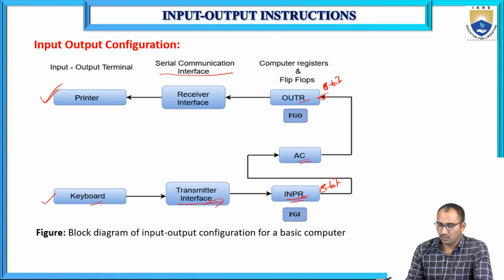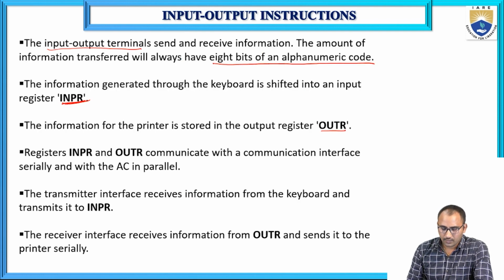Whatever information we wish to pass to the printer is stored in the output register, and from the output register the data is given to the printer. The input register and output register communicate with the communication interface serially and with the accumulator in parallel.